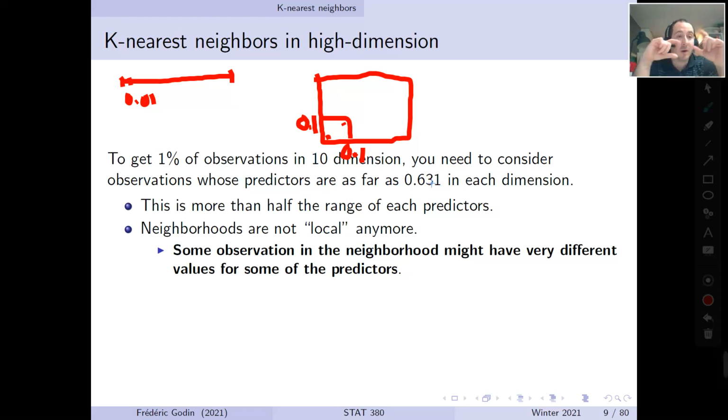So when you average across neighbors, some of the neighbors might be completely irrelevant because for some predictors they might have values that are very far away. For this reason, k-nearest neighbors might fail in high dimension. So we need other methods to be able to make sound predictions in high dimension.